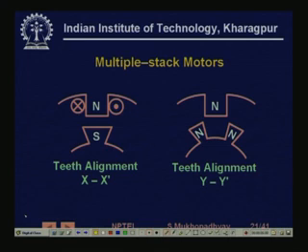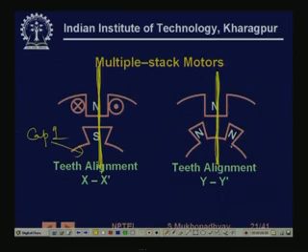They have the same number of teeth, but they are offset in such a way that when one tooth, say on cap 1, aligns with the stator tooth at one end, the other cap's teeth align with the slot. So, this aligns with a tooth and this aligns with a slot.